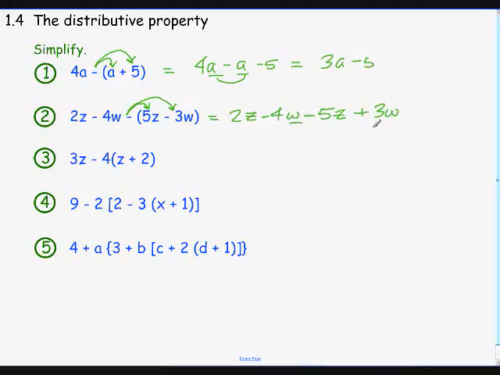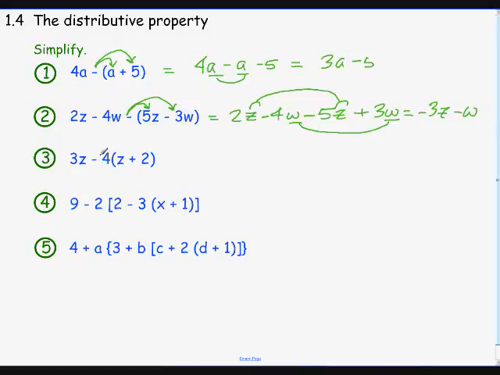So these w's, I can combine them, can't I? And the z's, those can combine there. In both cases, the same variable with the same exponent. That turns out to be a negative 3z and a negative w when I finish that.